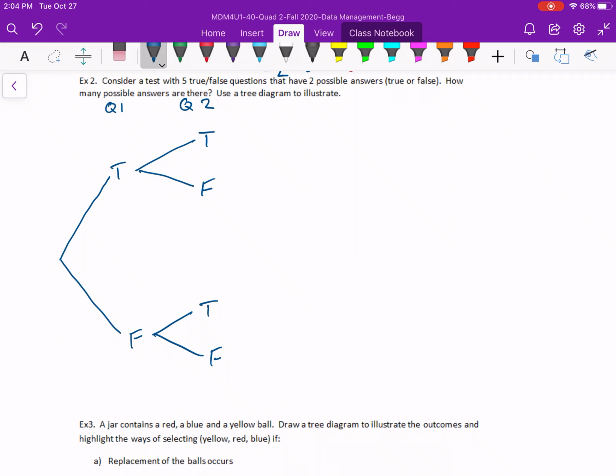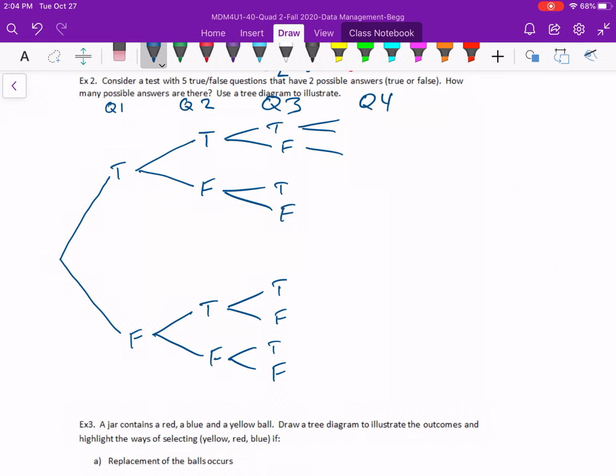And then you can see this is going to keep repeating. So from question 3, I've got true or false. On question 4, I've got true or false, of course.